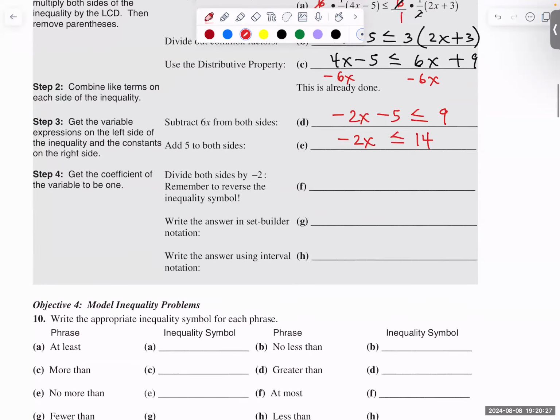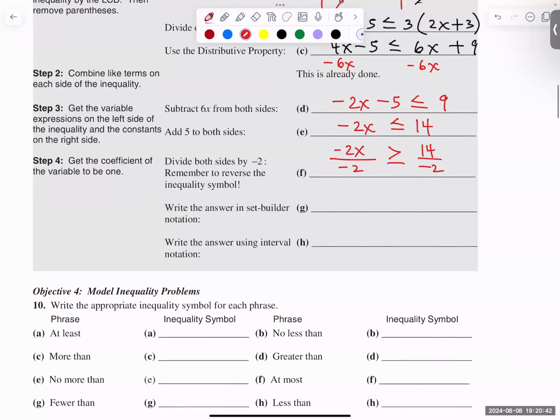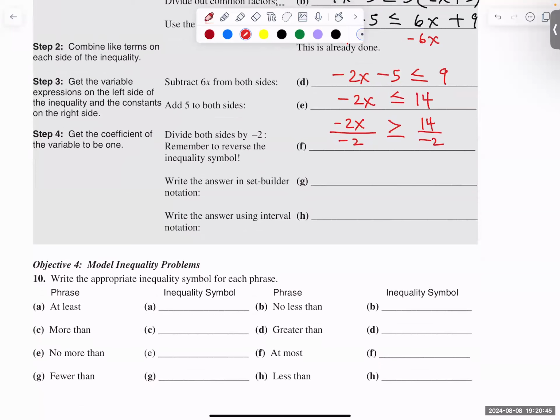To isolate x, divide both sides by negative 2. And since we're dividing by a negative, we have to reverse the inequality symbol. So negative 2x divided by negative 2 is greater than or equal to 14 divided by negative 2. So the solution set is x is greater than or equal to negative 7.